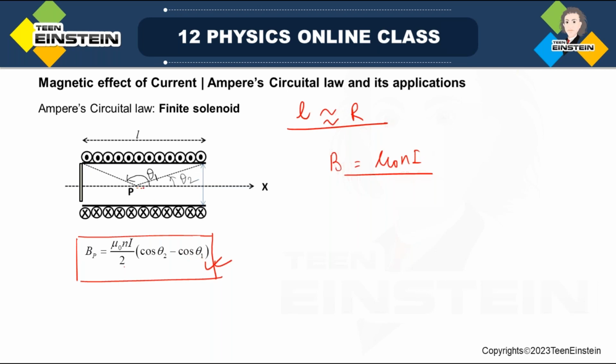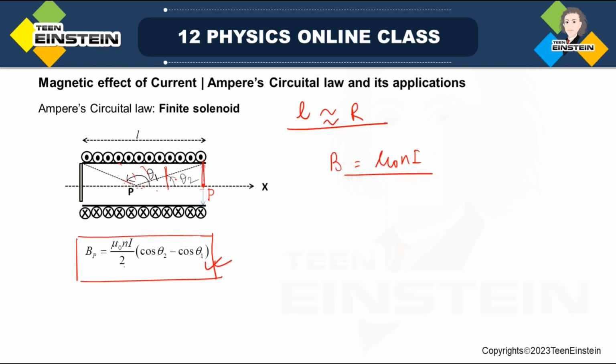Again, if this point P comes here, then what will be the case? These are the kinds of questions we can ask. If this point is exactly here at the edge, theta 2 will obviously be 0. And what will be theta 1? Theta 1 will be 90 degrees, because this line will come like this, whereas this line will be exactly 0.